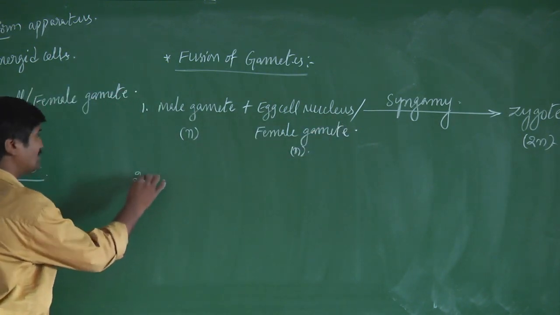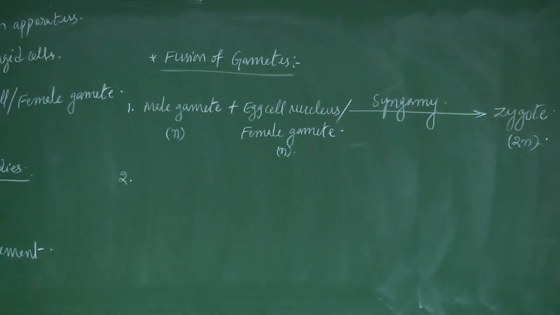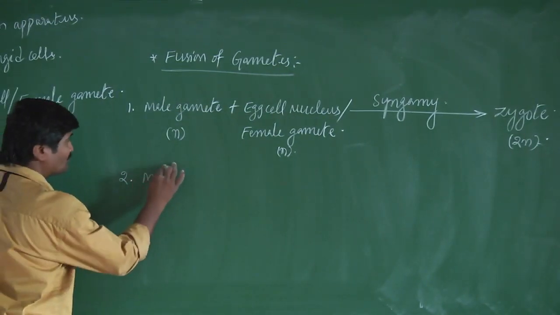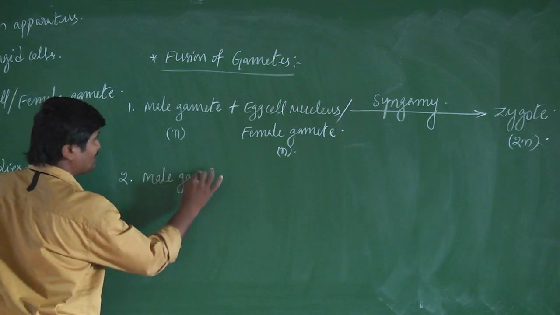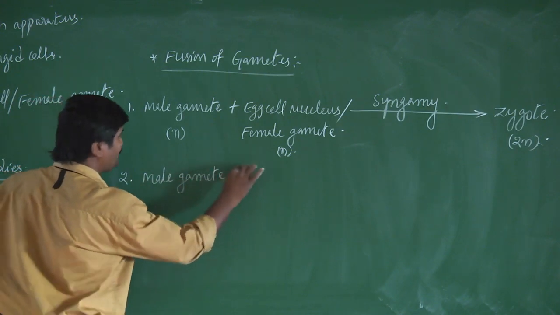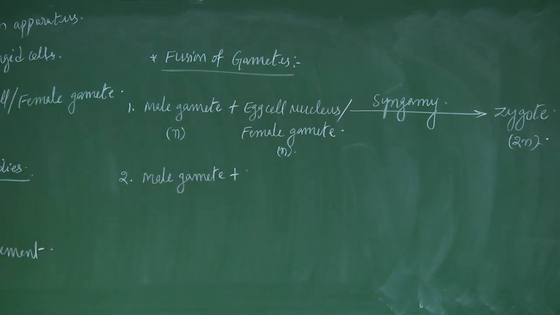Second one, another male gamete. The male gamete fuses with the secondary nucleus. What is the secondary nucleus? Before or after the entry of the pollen tube, the two polar nuclei fuse together and form the secondary nucleus.